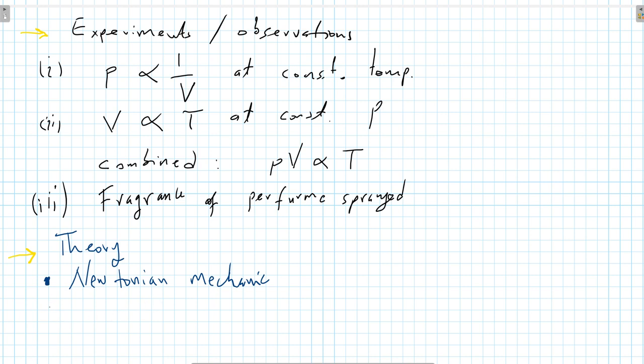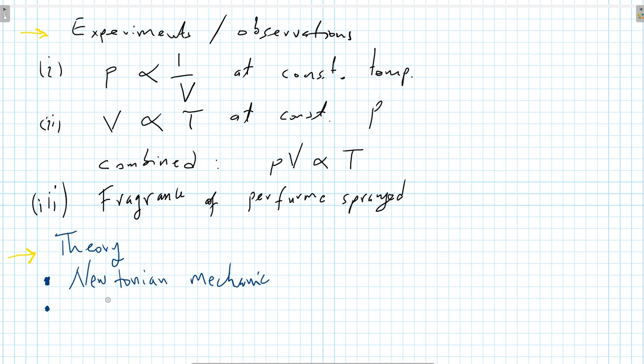Secondly, because of the nature of the problem, we are talking about gases, and usually for gases it's a huge number of molecules making up a gas.